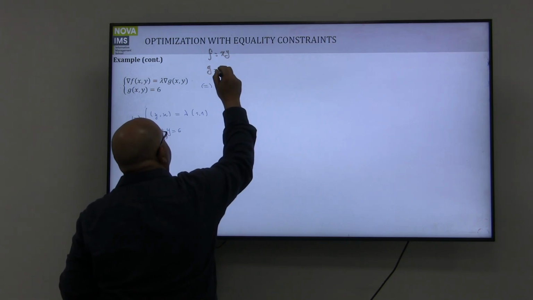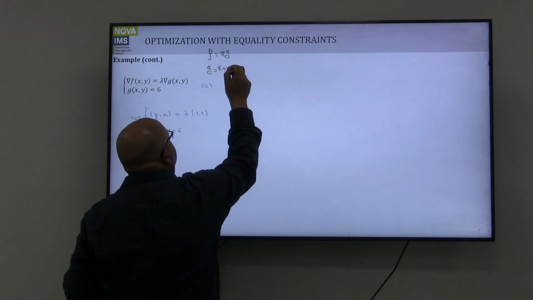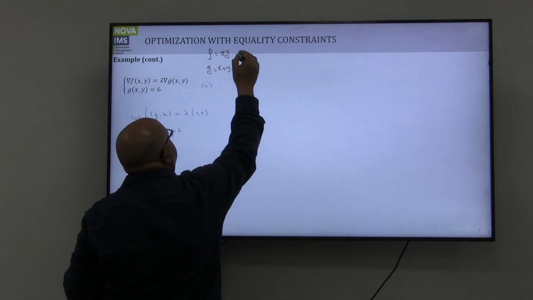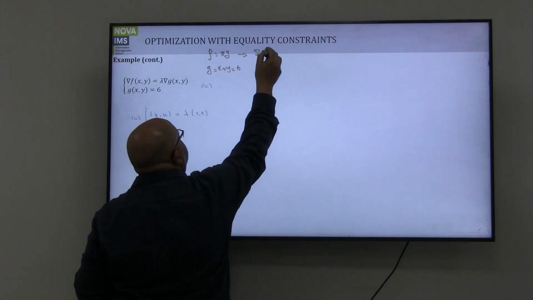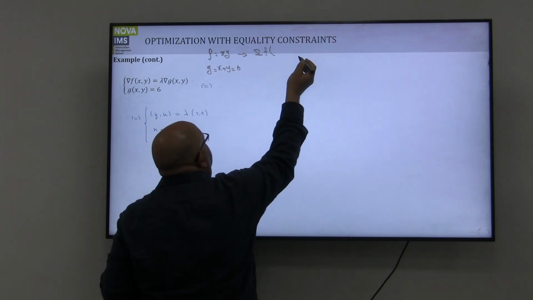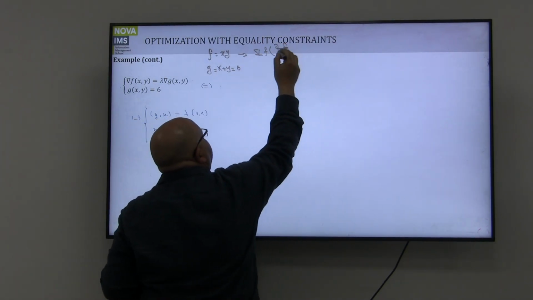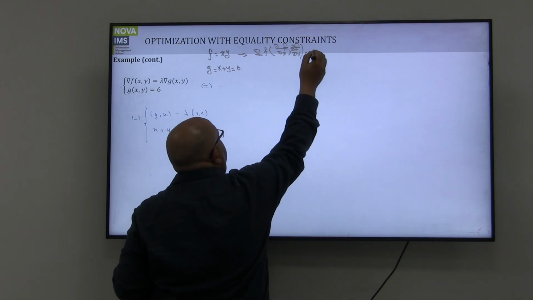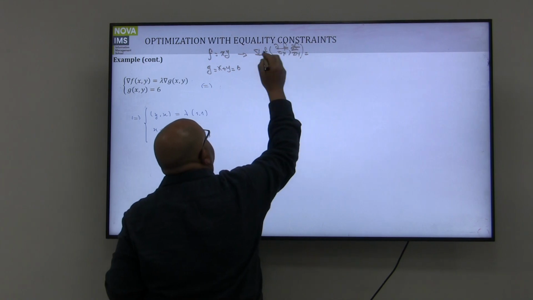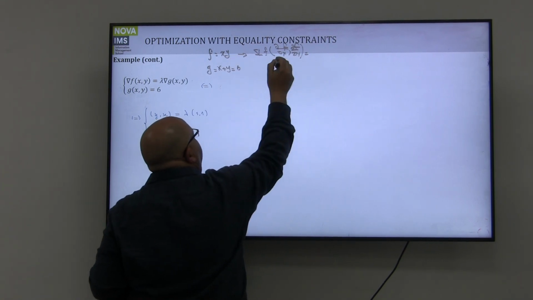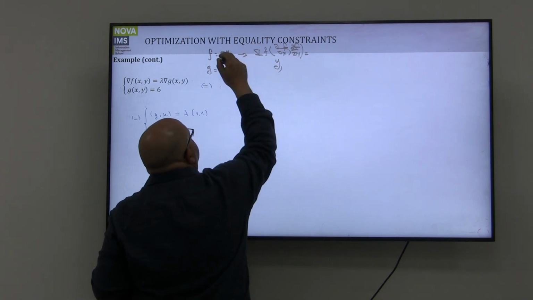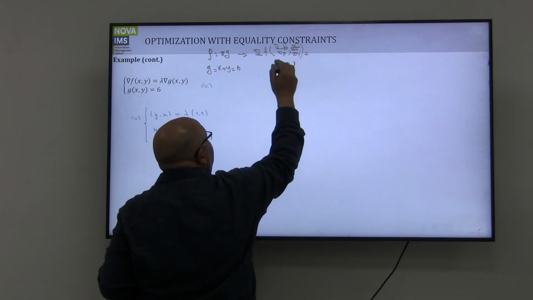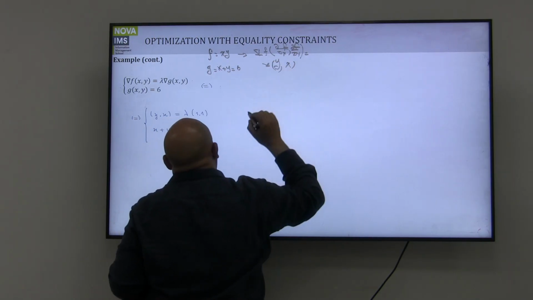If I need to get the gradient vector of f, it's simply partial f partial x, partial f partial y, which is differentiating with respect to x gives you y, differentiating with respect to y gives you x, and that's the gradient vector of f.